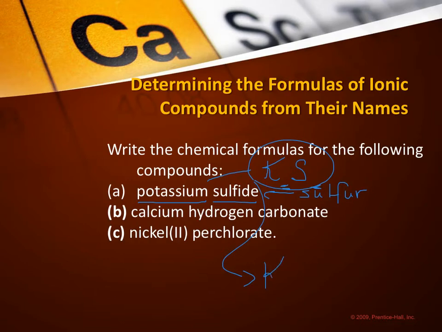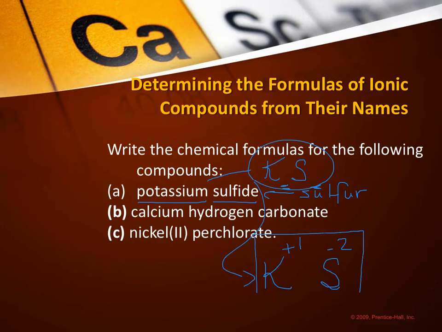So potassium, you may need to look again a few slides ago when I told you the charges of each of the group A elements. Potassium's in group 1, and so when those elements become ions, they have a charge of +1. Sulfur's in the same group as oxygen, and when it becomes an ion, it has a charge of -2.